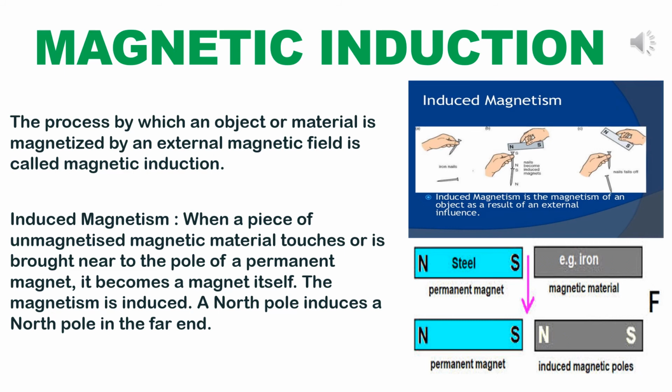So see the next diagram. That is a permanent magnet and a magnetic material, for example, an iron rod taken. But after induction, just opposite to the south pole, a north pole has been induced. That's why the opposite pole, that means the south pole, has been induced in that particular iron rod. So poles developed in an induced magnet, you can decide like this.